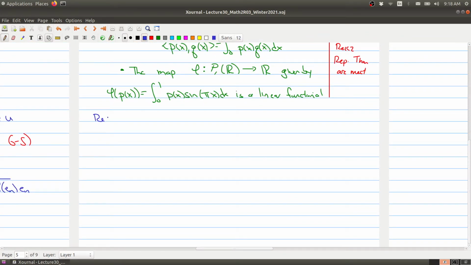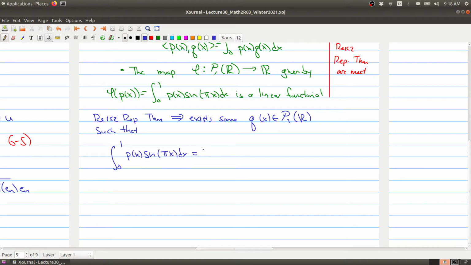All right, so the Riesz representation theorem now implies that there exists some q(x), I don't need q1, I just need q(x) in the set of polynomials of degree 1 or less, such that this integral, so integrating p(x) times sin(πx) dx, which is my linear functional, is equal to some inner product of p(x) and q(x), which is equal to the integral from 0 to 1 of p(x) q(x) dx.